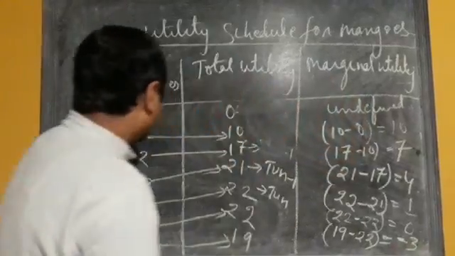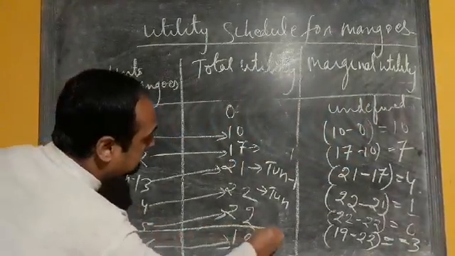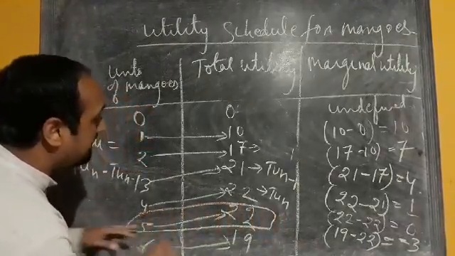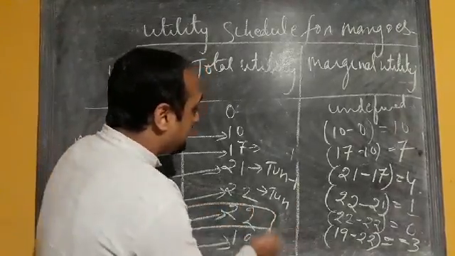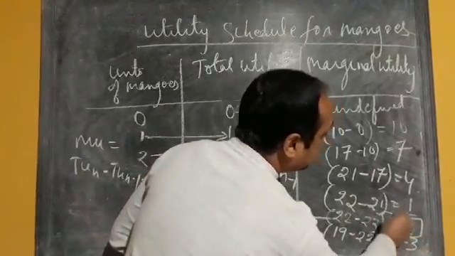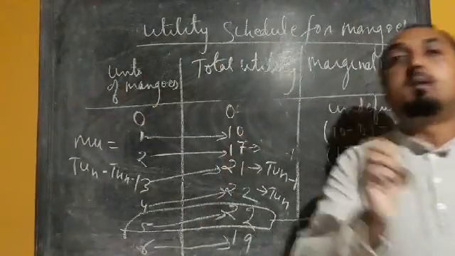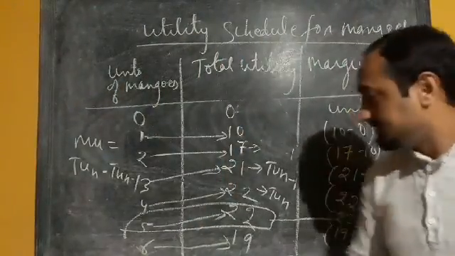So when the total utility is maximum, at the fifth unit of mango, we can see that marginal utility is 0. When total utility is maximum, marginal utility will be 0.